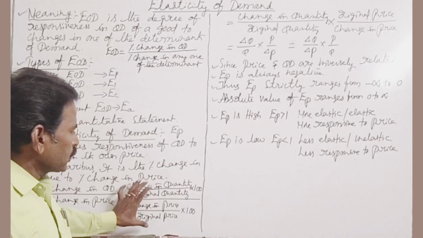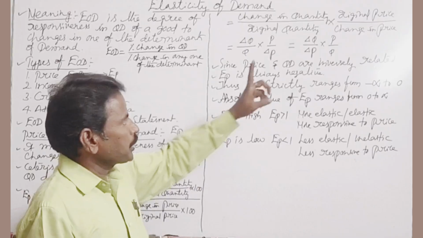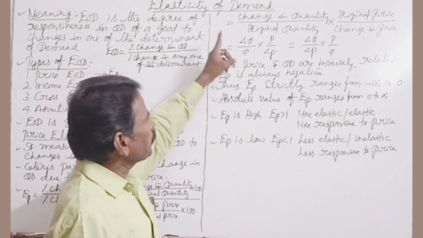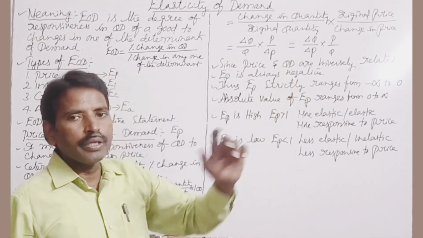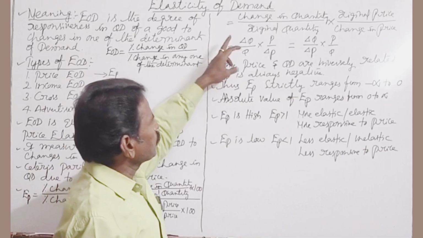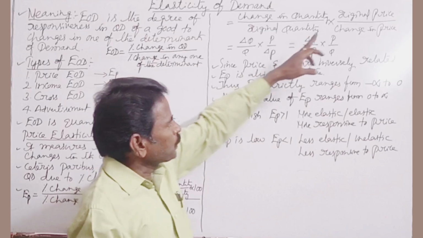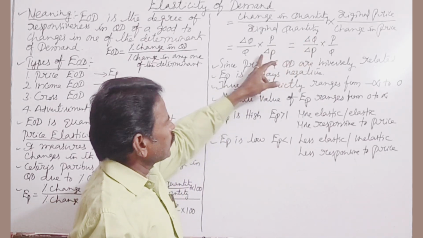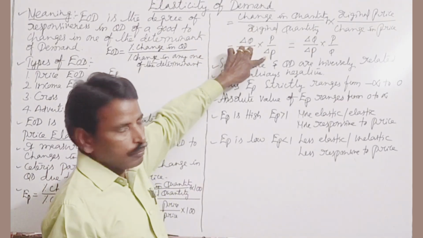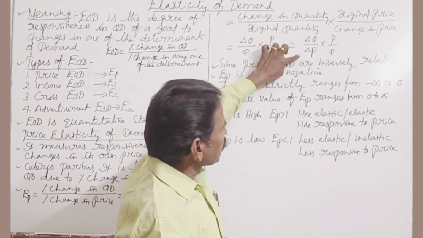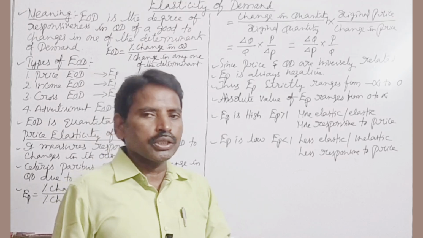Therefore, change in quantity is delta Q, original quantity is Q, original price is P, and change in price is delta P. Therefore, delta Q by Q into P by delta P, that is equal to delta Q by delta P into P by Q.